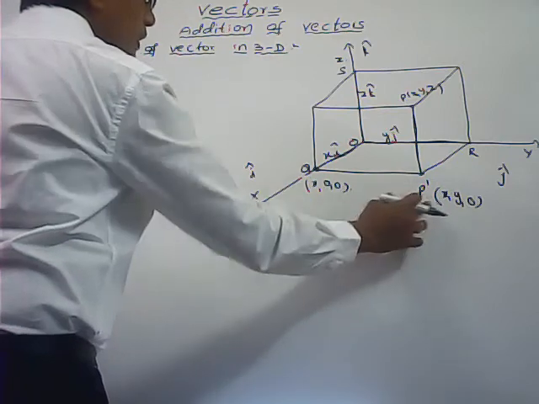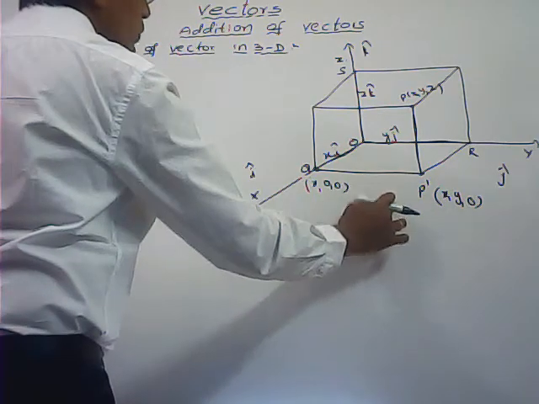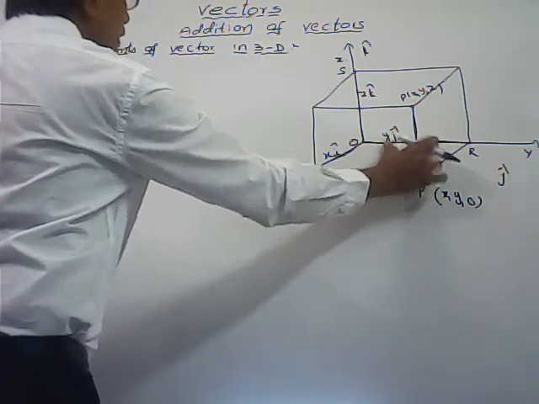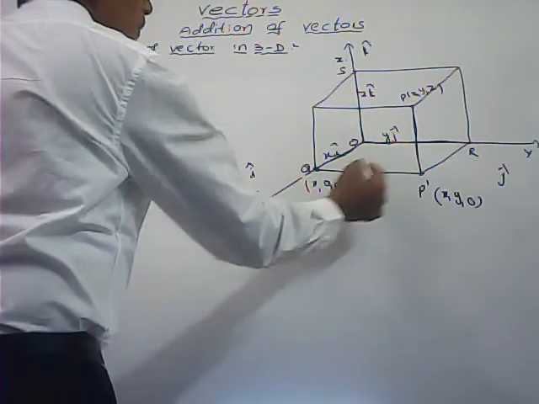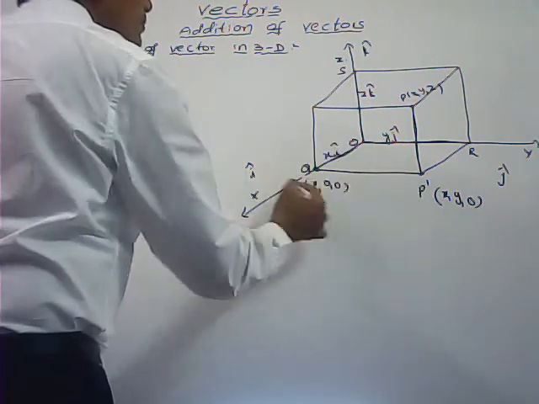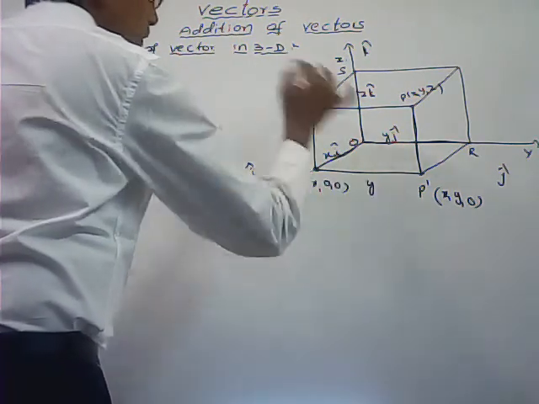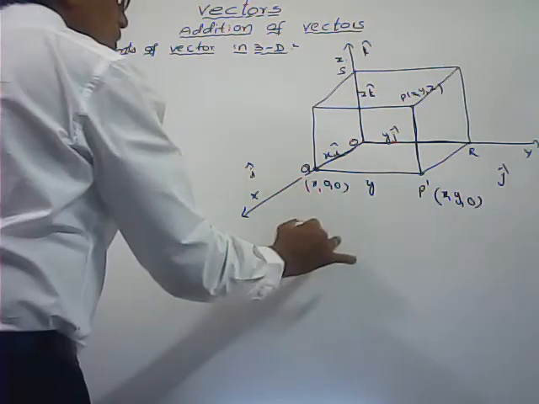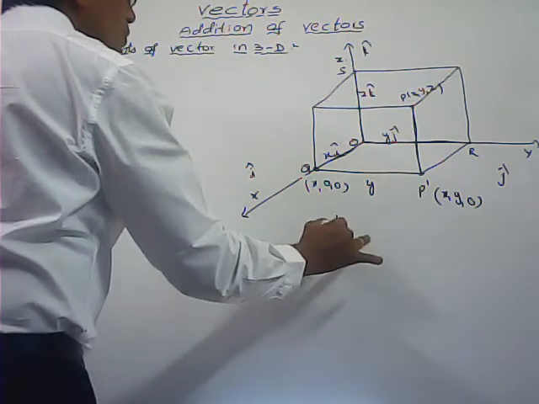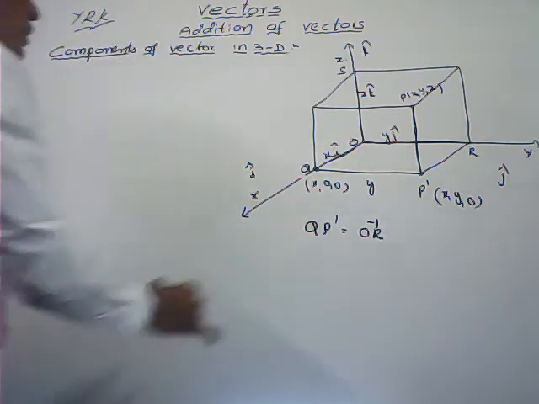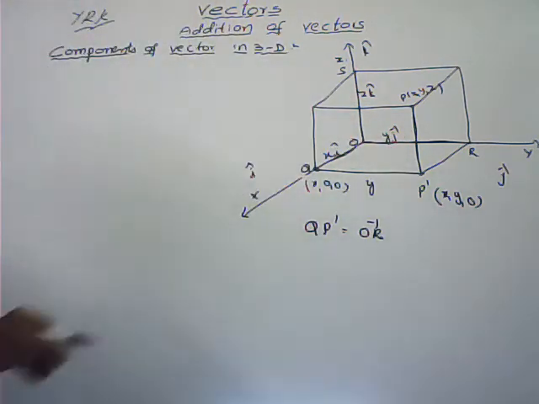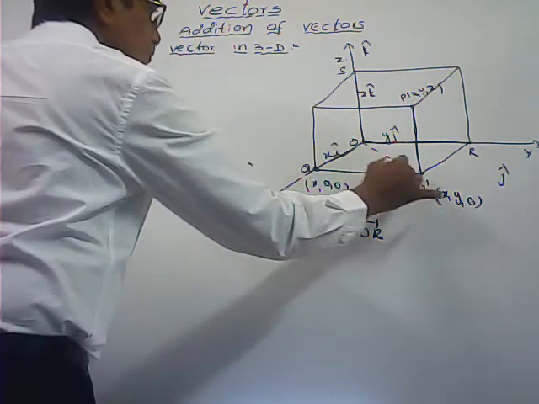The distance between these two is the modulus of y, and both are parallel vectors. So QP dash is equal to OR.